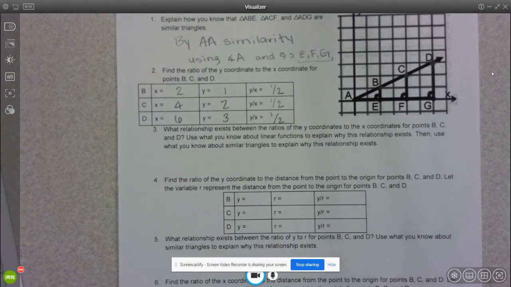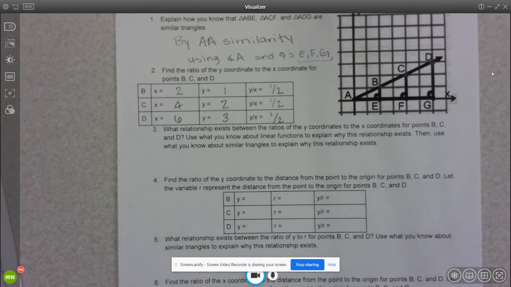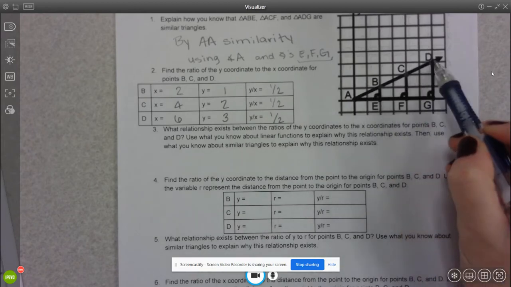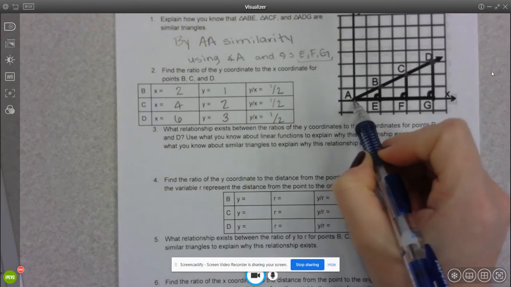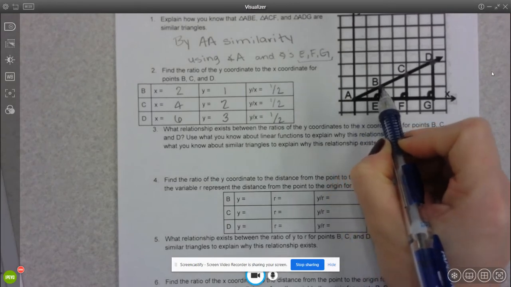Why is that relationship the same for all three? Well, we have similar triangles. That relationship has to be the same for all three. That's what similar triangles are. We did a whole unit on it. But if I'm using the linear function idea to explain why this is happening, I'm going to look at the slope and talk about what's happening in terms of the slope of this line through A, B. So to get from A to B, I'm going up 1 and over 2.